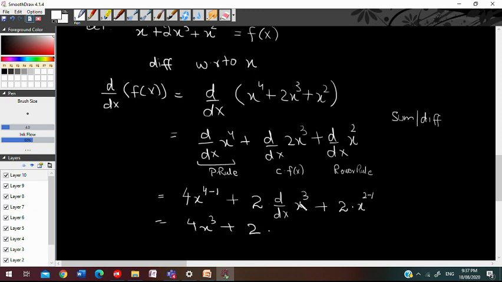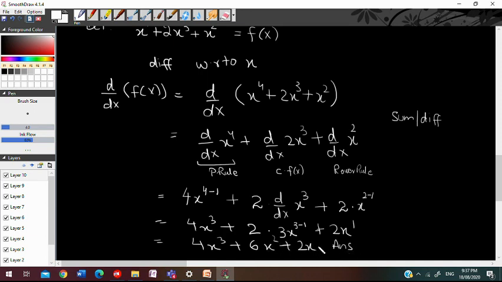Bring this power over here, and then 3. Whatever the power, you just subtract 1 from it. So this becomes this plus 2x^1. Now rewrite it: 2x cube plus 6x square plus 2x. So this is your answer.